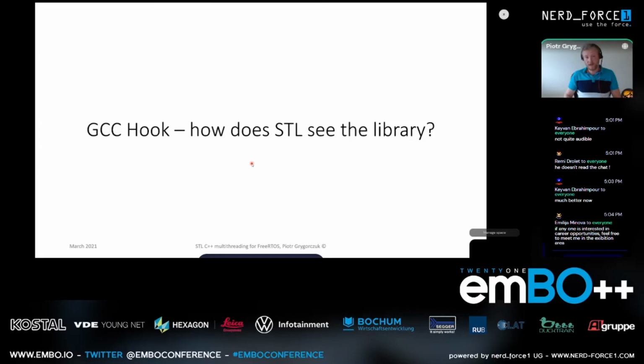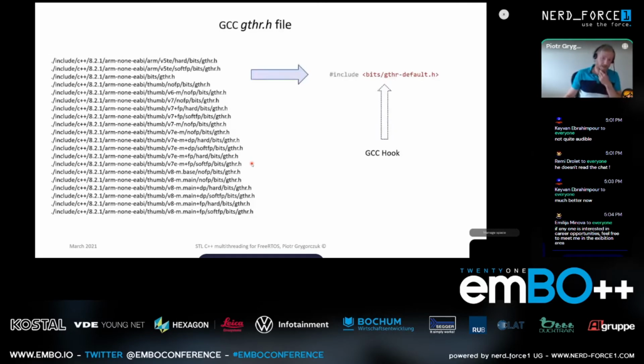Okay, so how does the GCC hook work? Basically, how does the library interface with GCC? I use the ARM compiler, and if you look at the STL implementation, all of them include this file, gthr.h, and there's no single file. There are many of them, and it depends.